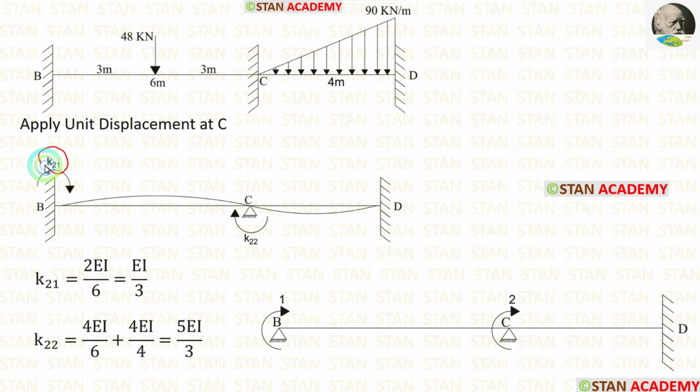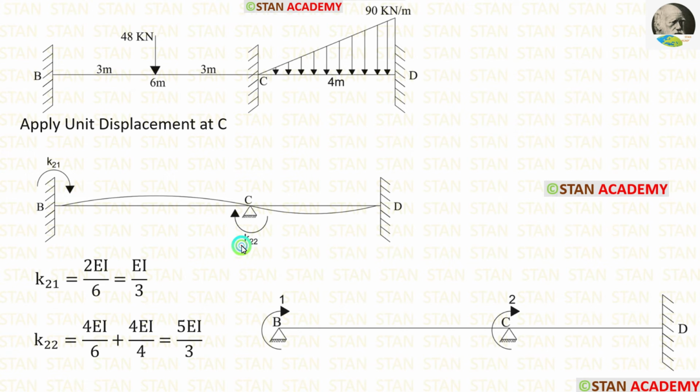First, let us calculate K21. For that, from the point B, we have to look on both the sides. On the left side, there is nothing. On the right side, there is a hinged support. If the far end is hinged, the formula is 2EI upon L. Length of BC is 6. Let us apply that. Finally, for K21, we are getting EI upon 3.